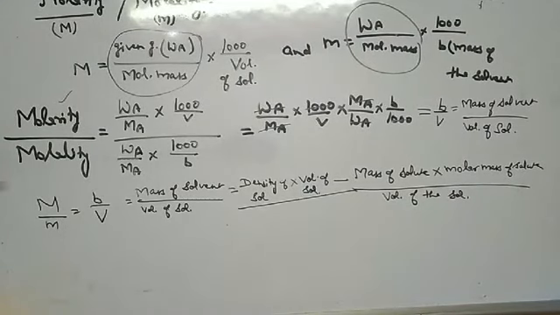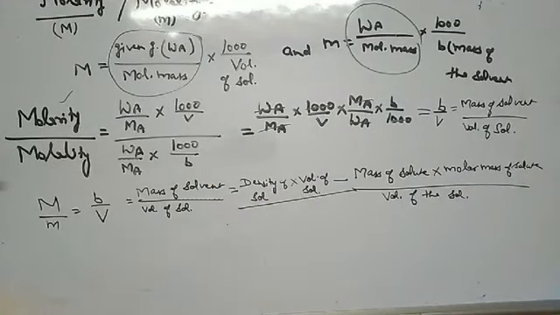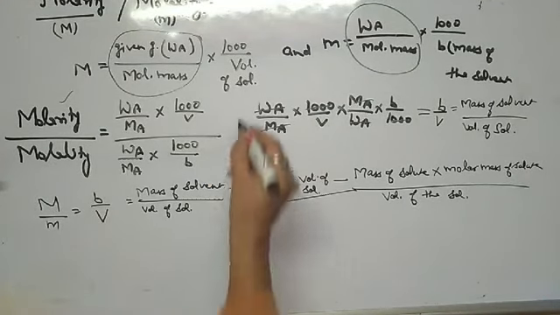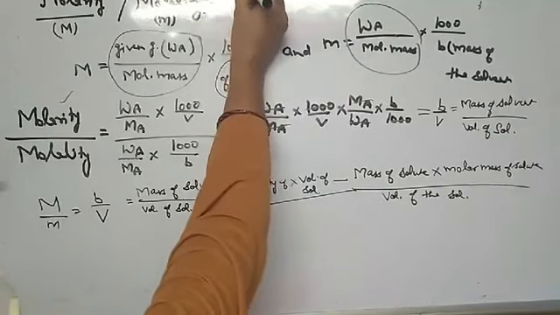So in different problems you may require different formulas, but all these formulas may be derived from one only. If you are clear about one formula, you can implement that one. If density is given, you may use density is equal to mass upon volume.